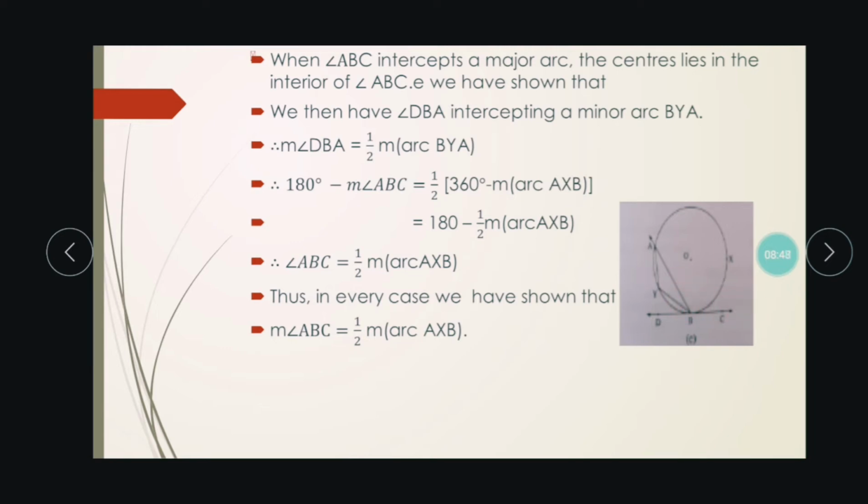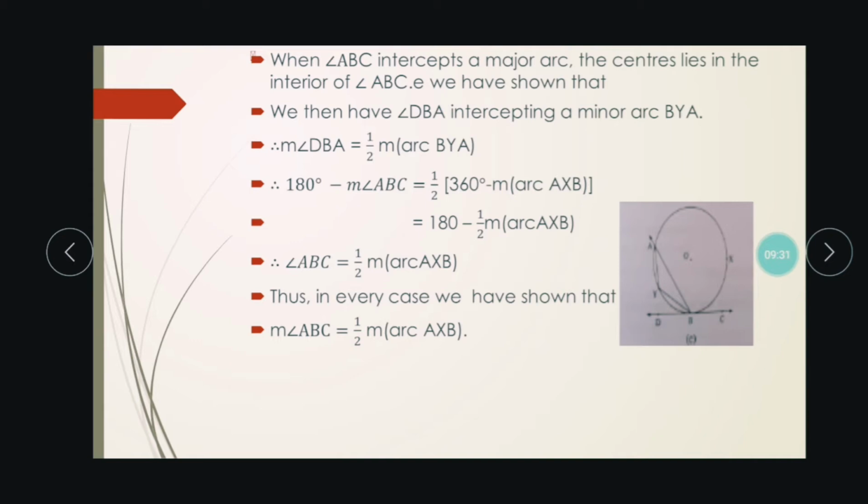And how can measure arc BYA be represented? It can be represented as the measure of the whole circle minus measure arc AXB. Now in place of BYA, I can substitute 360 minus measure arc AXB. So the equation turns out to be 180 minus measure angle ABC is equal to half in bracket 360 minus measure arc AXB. Now half of 360 is 180, minus half measure arc AXB.